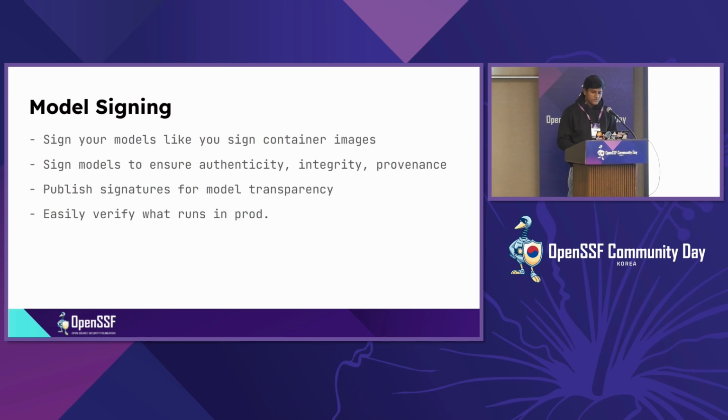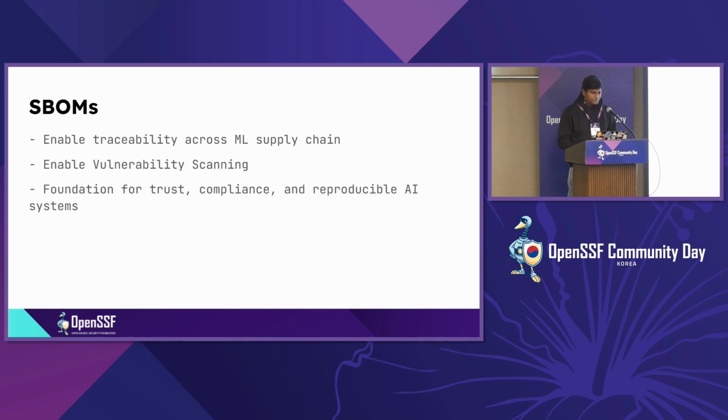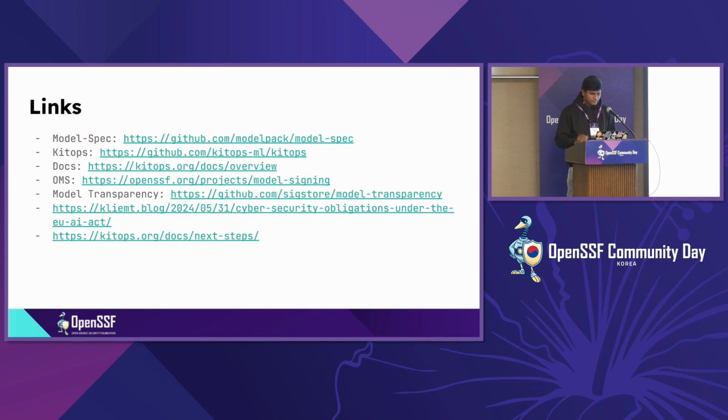And then there are SBOMs, which you can create from the Kitfiles, which is good for reproducible AI systems. And these are the links you can go through to check out the Model-Spec and the tools you need to have.